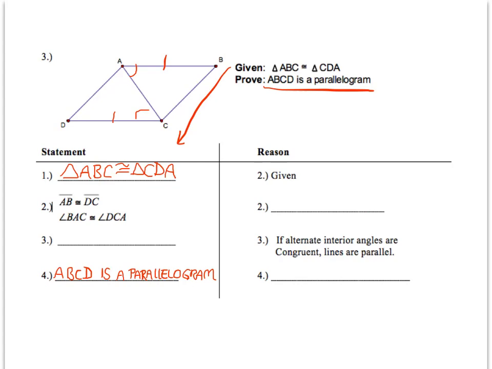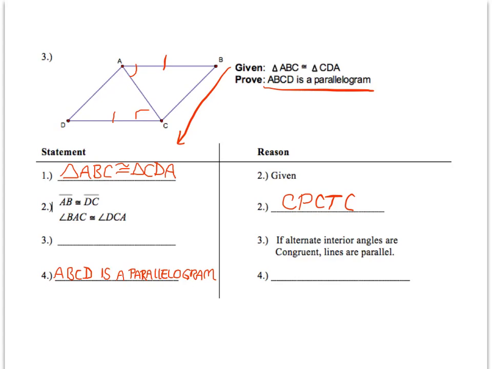Now we have to think back to other chapters, previous lessons, as to why we could say this fact. Well, we're given that two triangles are congruent, which means that every piece of those triangles are congruent by CPCTC. Remember that one? Corresponding parts of congruent triangles are congruent. So just remember how I figured this out though.